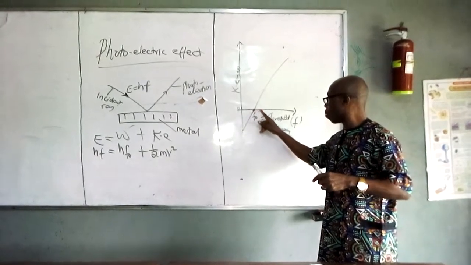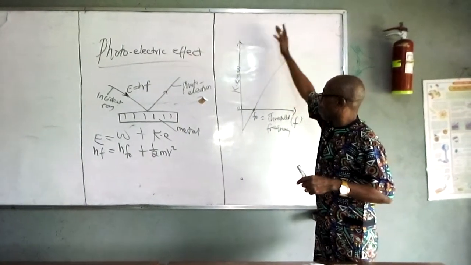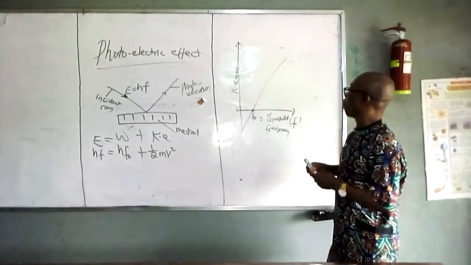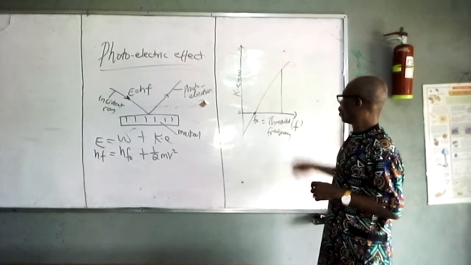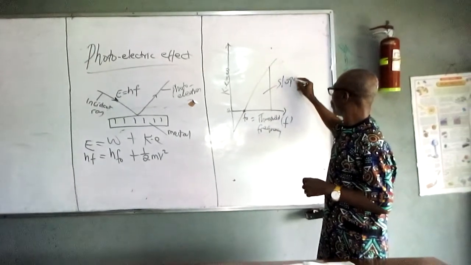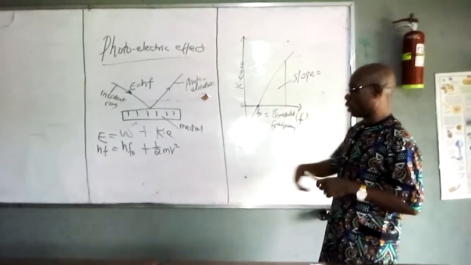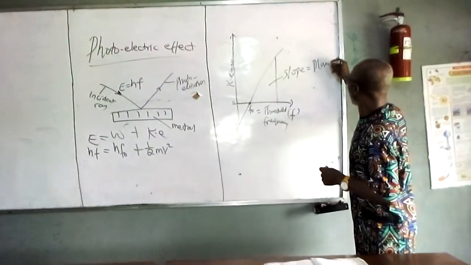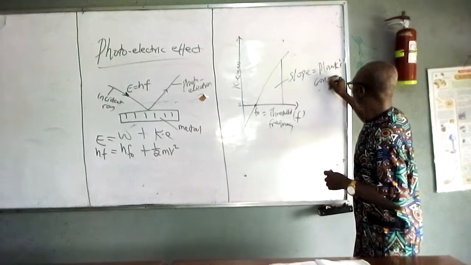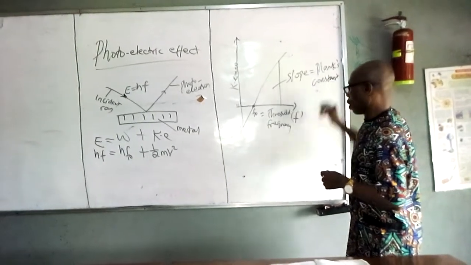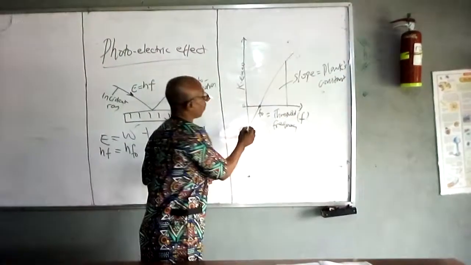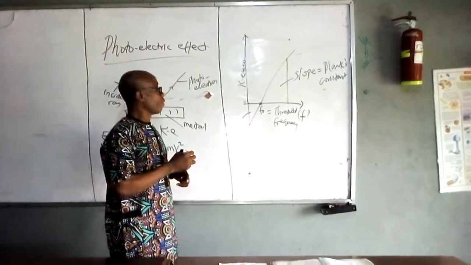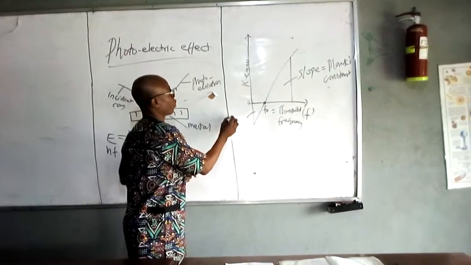So from this region upward, photoelectrons are emitted. And if we find the slope of this graph, the slope will give us Planck constant h. This other region of the graph gives us work function.